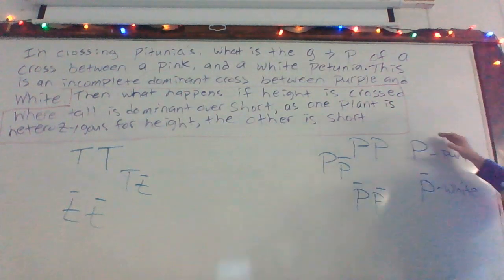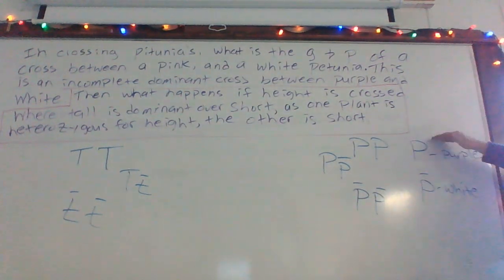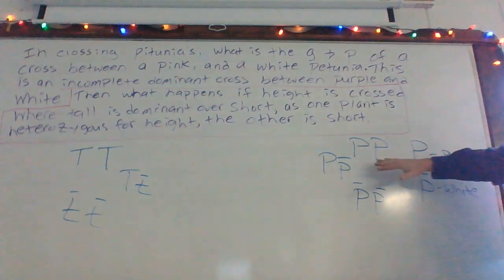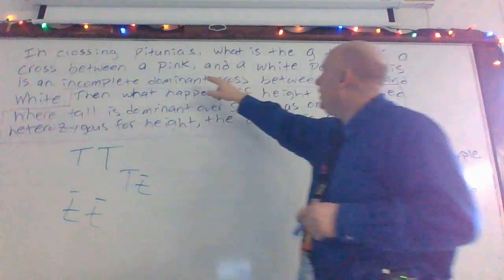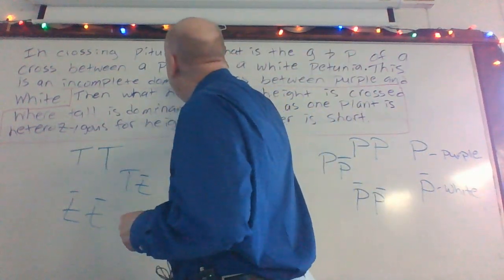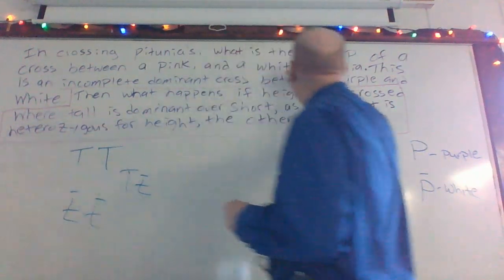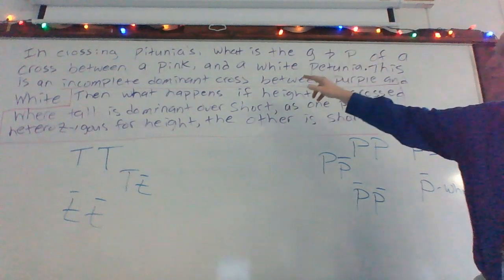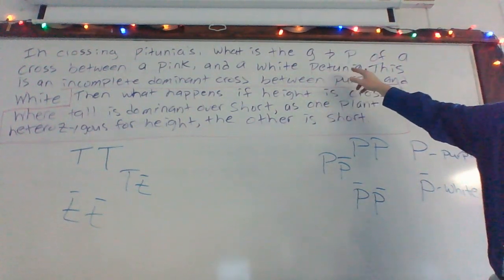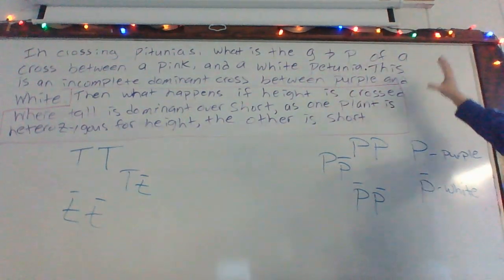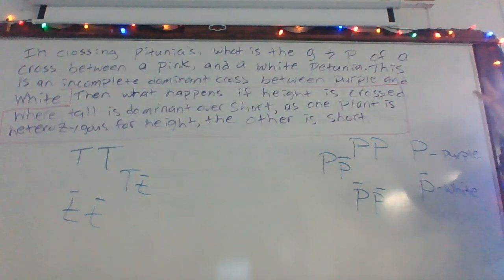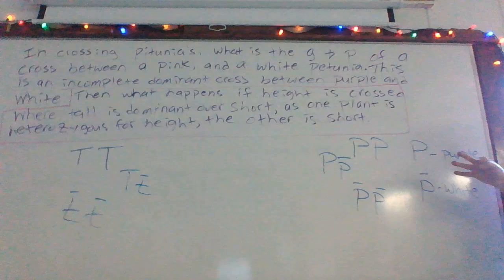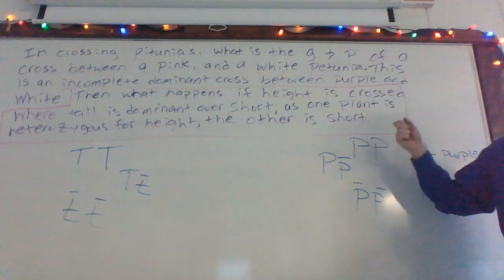So, do we get this part here, our key? Okay? But if it's an incomplete dominant cross, it says we would get a pink, a genotype of a cross between a pink and a white. What we're saying here is that when you cross these two, you get that third possible outcome, because it's an incomplete dominant cross.